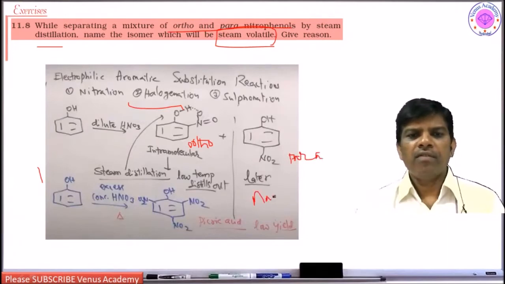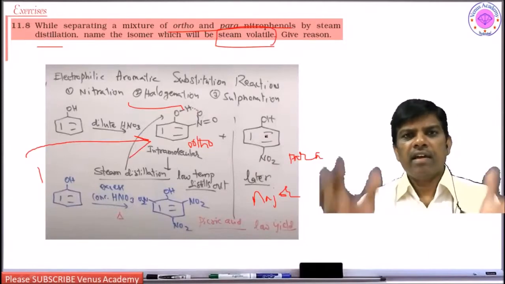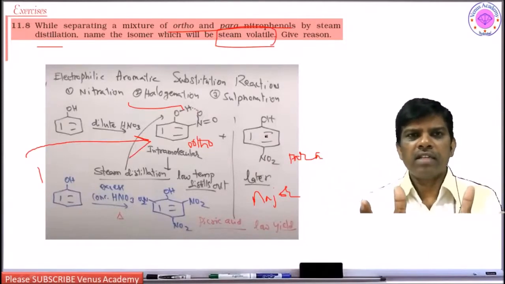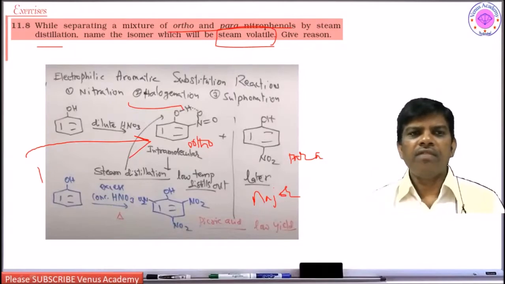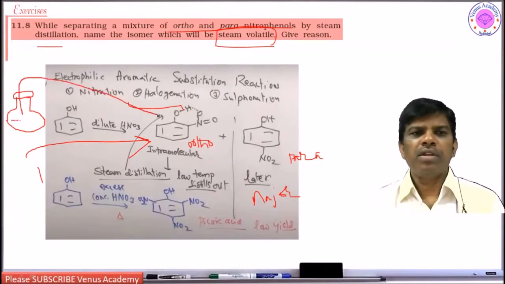However, while doing steam distillation, what is going to happen? Steam will be pumped into the mixture, which is taken in a round bottom flask having the nitrophenol. There will be a steam generator where water is heated to give steam. That steam will be pumped into the mixture of these two.